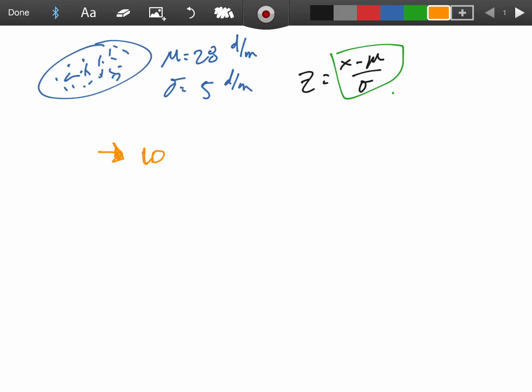What percent of the population eats fewer than 10? So 10 or fewer donuts, right? How many people are doing that? What is the proportion?